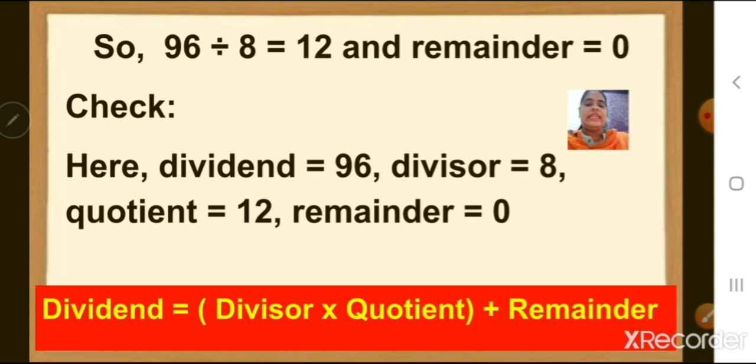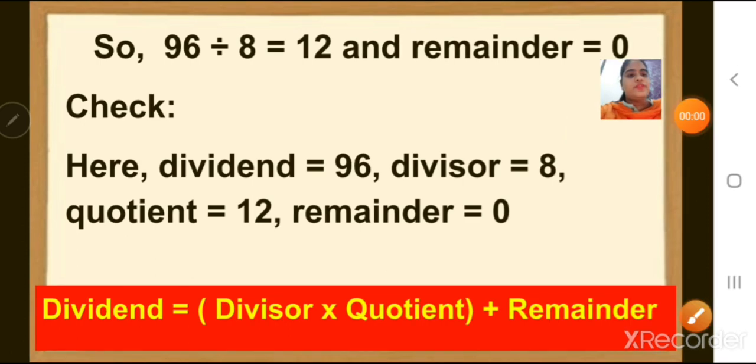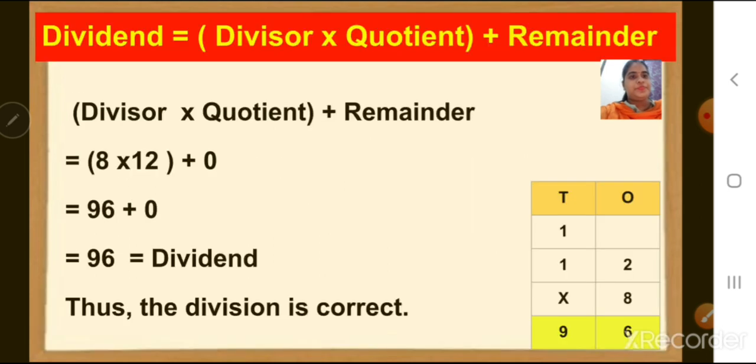Children, then let us check whether our answer, which is number 12, is correct or not. How we are going to check? With the help of the formula. The formula is dividend is equal to divisor multiplied by quotient plus remainder. Before that, write down dividend is equal to 96, divisor is equal to 8, quotient is equal to 12 and remainder is equal to 0.